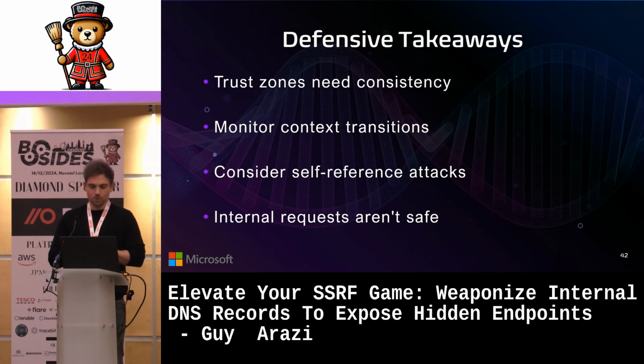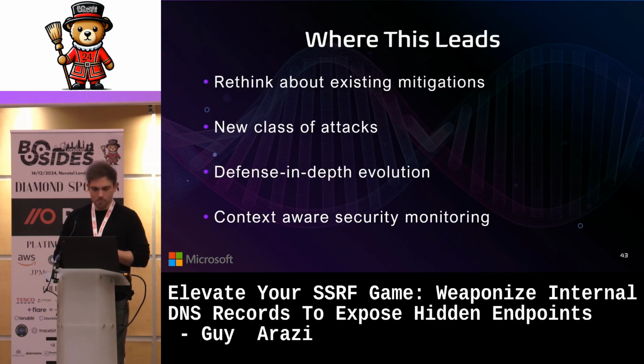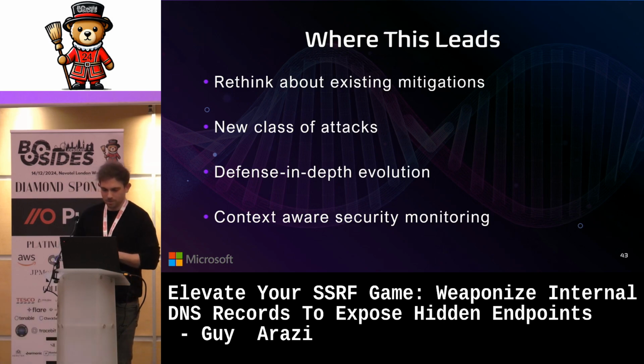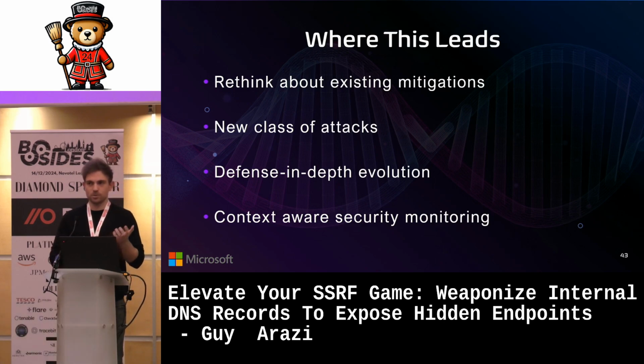And the last thing is, don't assume that internal requests are safe. Internal requests can be doing anything possible, right? By accessing other internal resources, or by jumping into the same machine on different ports, but also consider the same application when evaluating it. So where does it lead us? Rethink existing mitigations.